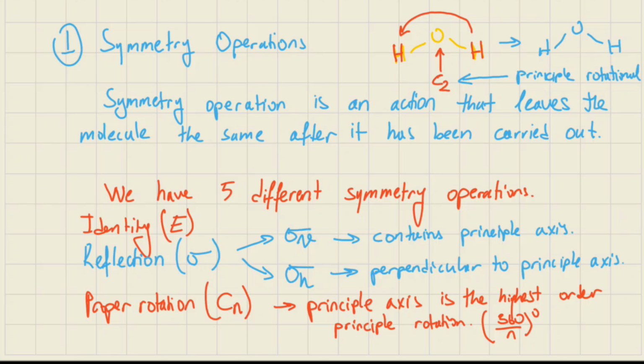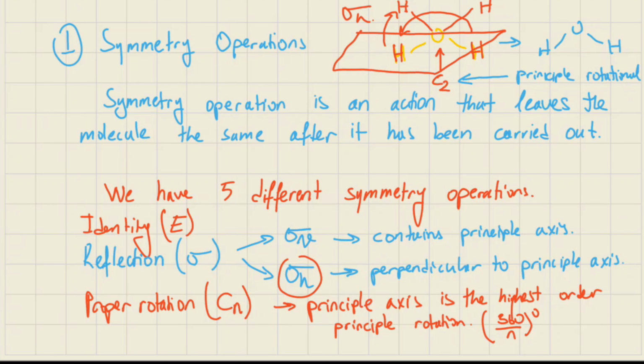For instance, if you try to apply sigma h, which is perpendicular, this is sigma h. If you apply it, this hydrogen goes to here and the other hydrogen goes to the upper position. So the molecule changes. Therefore, the water molecule does not have a sigma h plane.